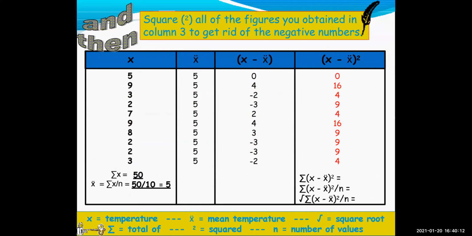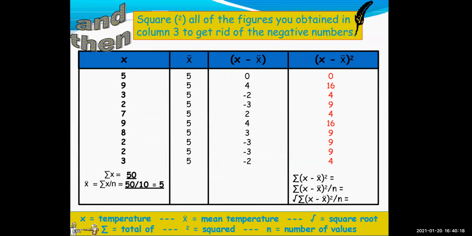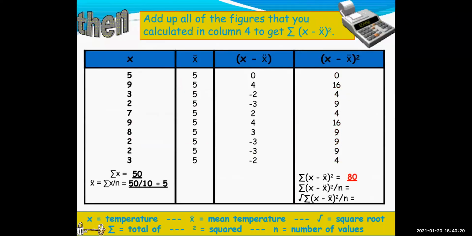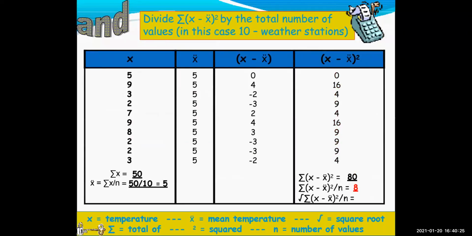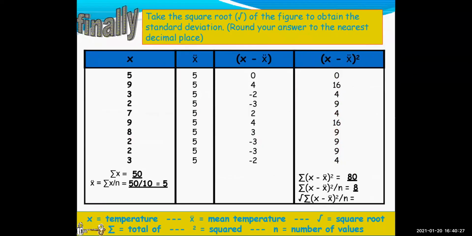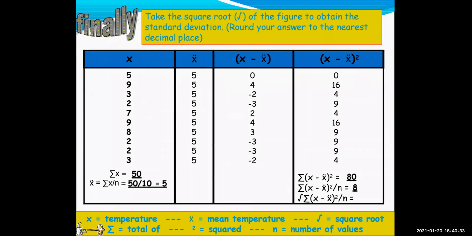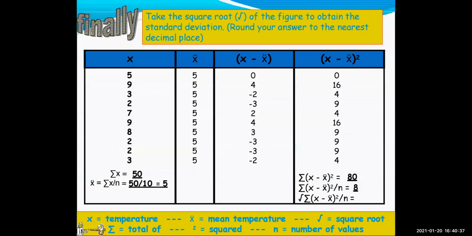And then we can find out (x minus x bar) squared, and we get the answers. So now we can apply all these things in the formula. The summation of (x minus x bar) whole squared is 80. So when we apply it in the formula, the answer we get is 2.8.